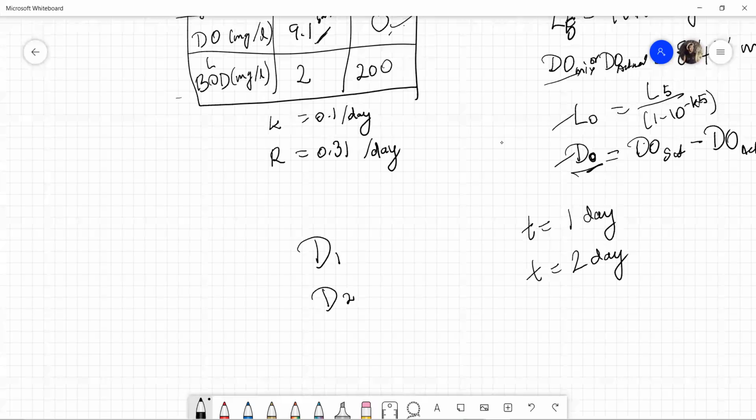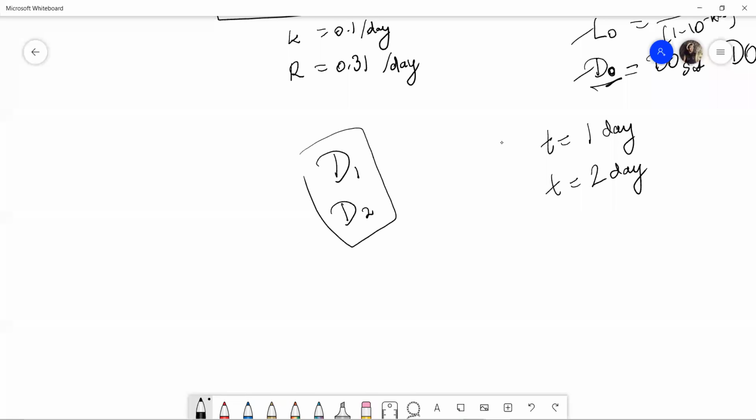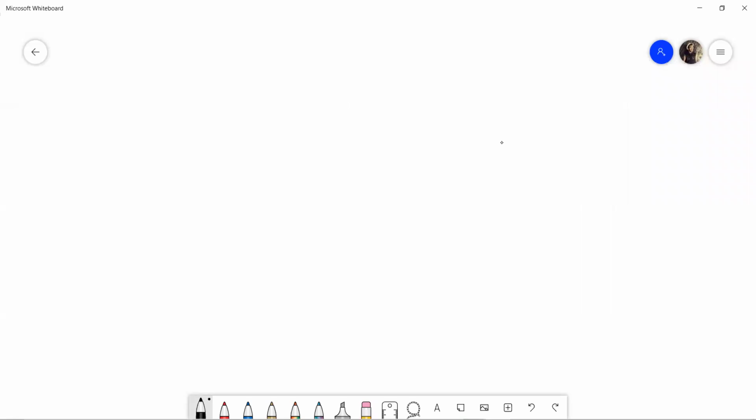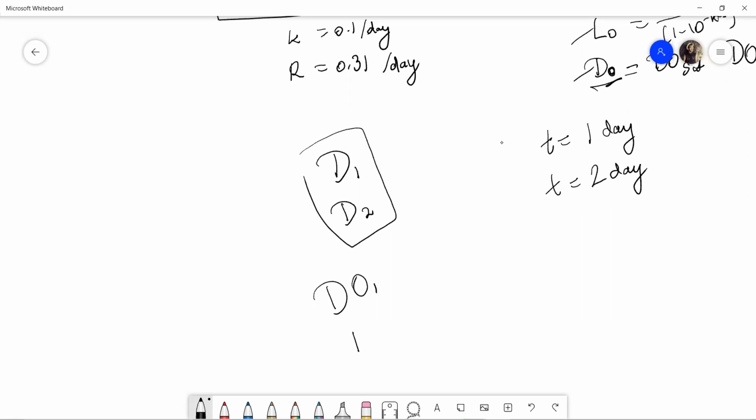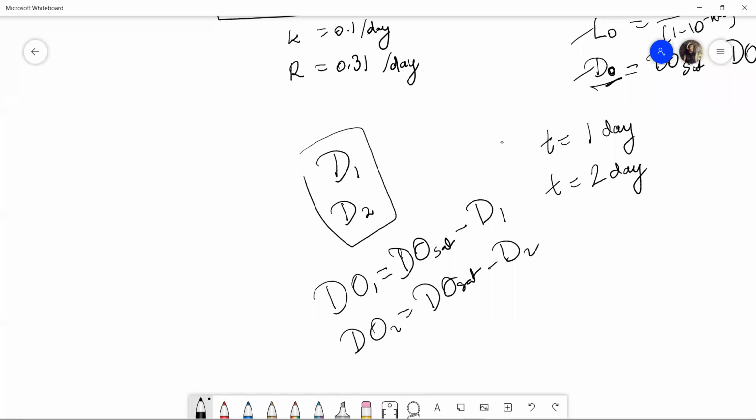So first you'll find out the deficit. After finding out the deficit for 1 and 2, then you will find out dissolved oxygen for day 1 and dissolved oxygen for day 2. Dissolved oxygen for day 2, that is saturation DO, or DO sat minus D1, DO sat minus D2.